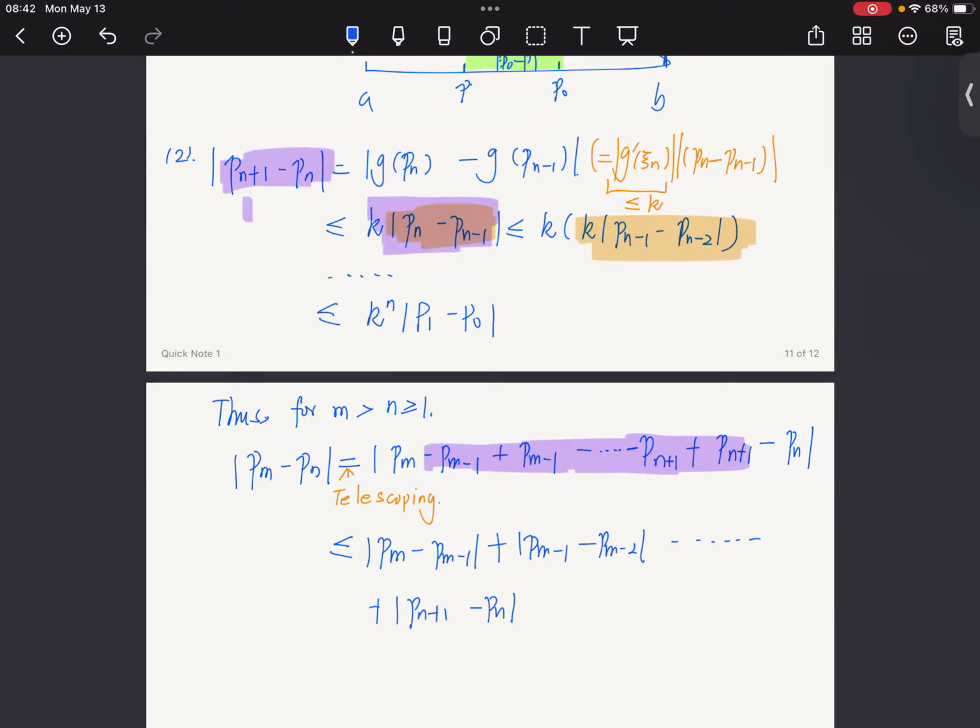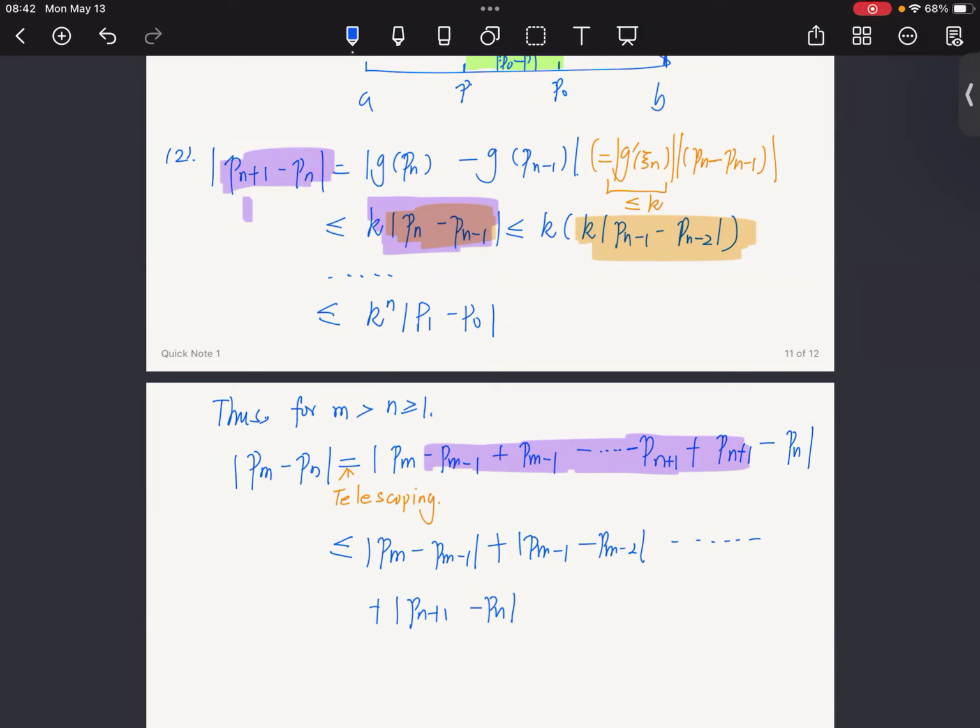Here you can take arbitrary two numbers from the sequence and estimate the difference between them. With the telescoping technique, we translate this into the difference of two arbitrary items, but all the things in this expansion are neighboring items.